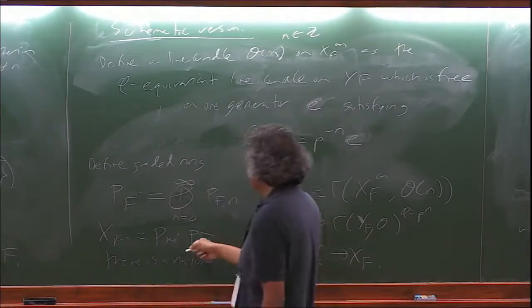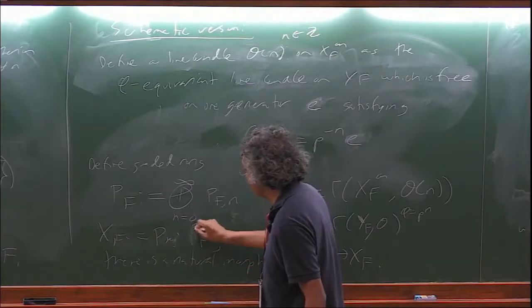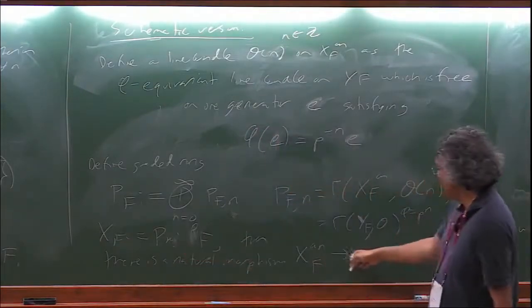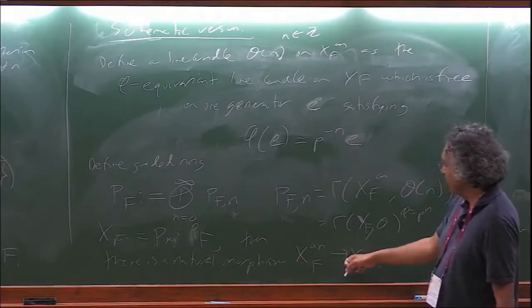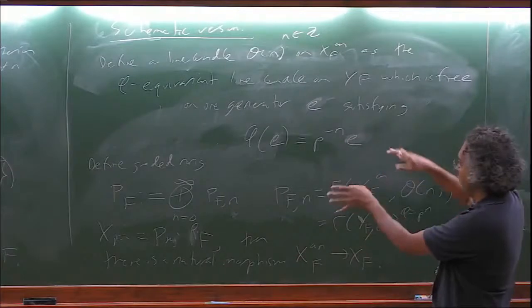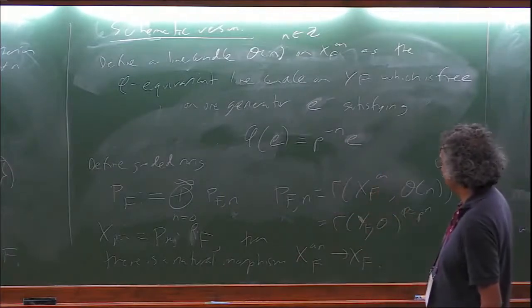I'm taking this graded ring and taking Proj in the usual sense to make an ordinary scheme. And this ordinary scheme has the property that it receives a map like this, by tracing through various ring identifications.